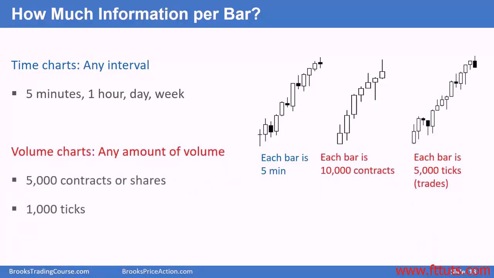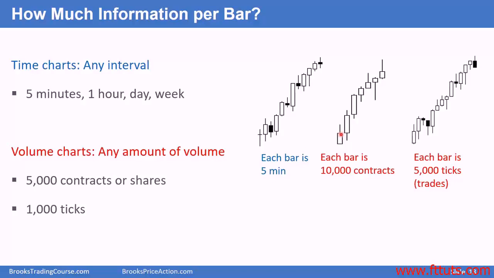Volume charts are also popular, and there are two different types. One is the number of contracts or shares traded, and the other is a tick chart. For example, here, each bar is a 10,000 contract bar. Let's say 9,999 contracts were traded, and the next trade is 1,000 contracts.